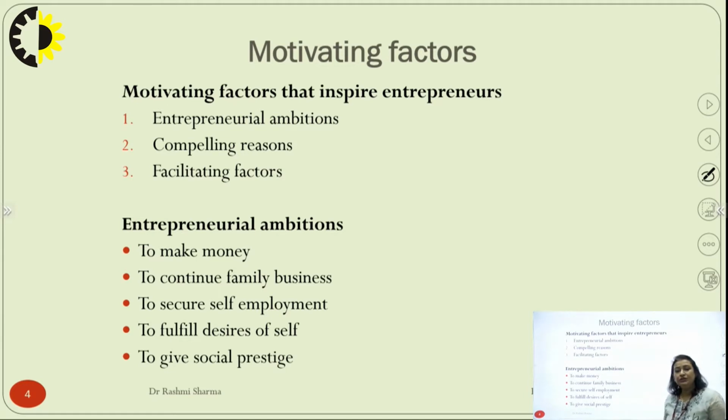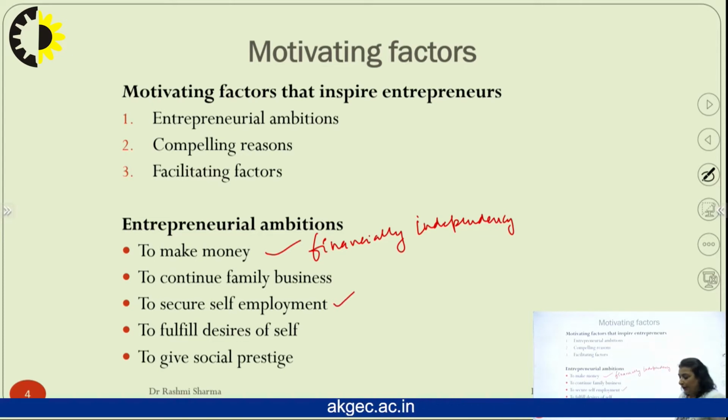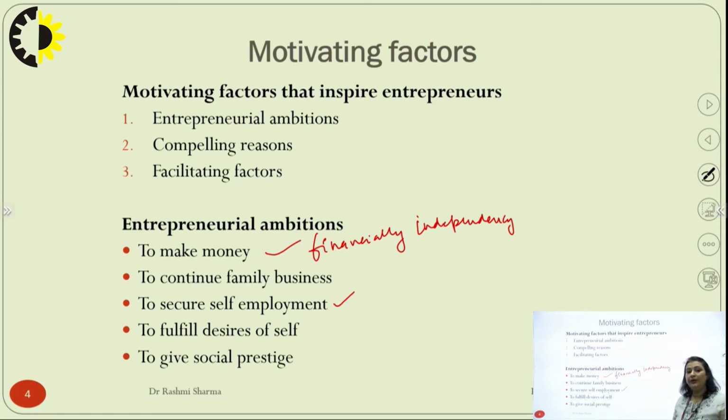The first ambition is to earn money, to become financially independent, or to have self-employment. You are doing entrepreneurship because you want to fulfill your desires, your ambitions, what you want to do in life.